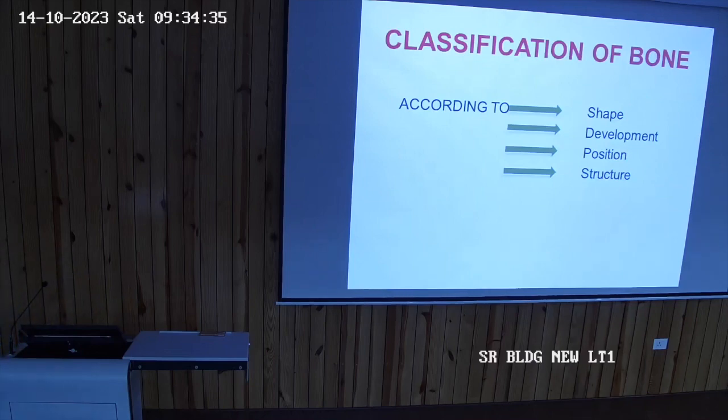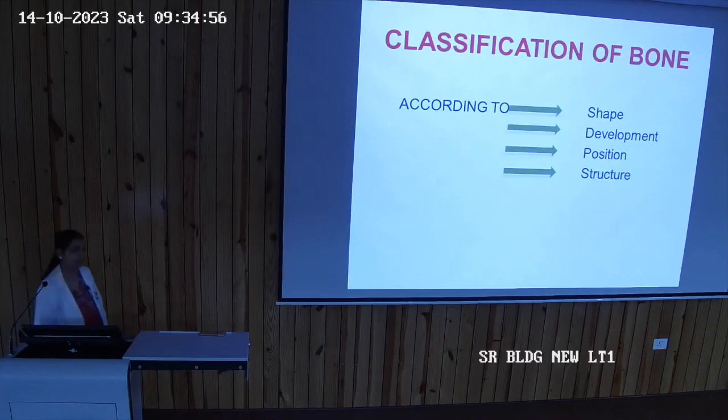Cartilaginous. All the long bones, which have diaphysis, metaphysis and epiphysis. So example for cartilaginous are the long bones. Example for the membranous are bones forming the vault of skull.